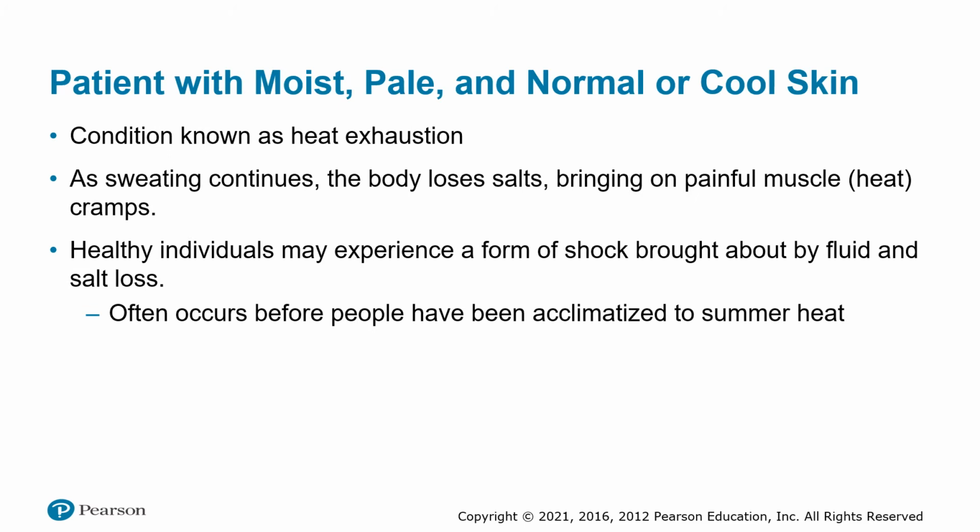So patients with moist, pale, and normal or cool skin is known as heat exhaustion. So as that sweating continues, the body loses salts, bringing on these painful muscle cramps.